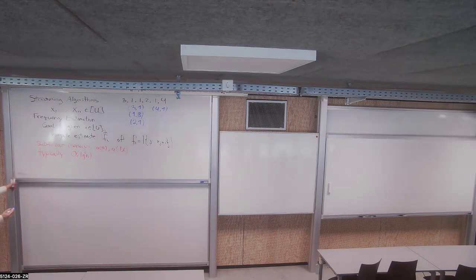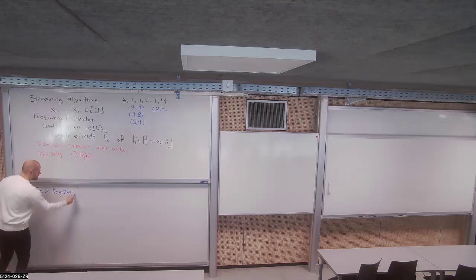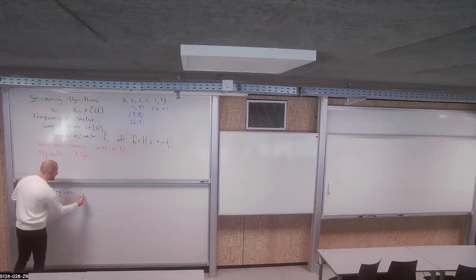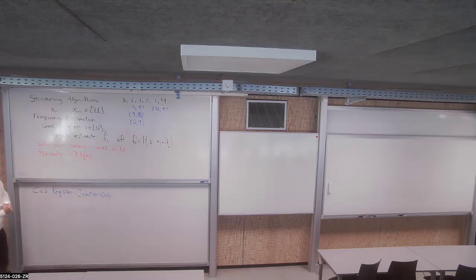We start with the simplest one, which is called the cash register model. Sometimes it's called insertion-only. In this model, you basically only get items, and whenever I see an item, the frequency of that item is incremented by one. So that's a simple one, insertion-only.